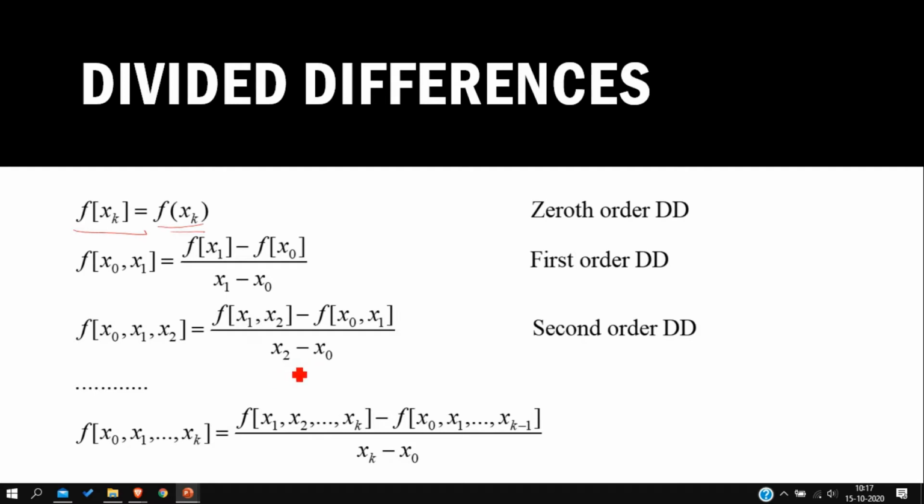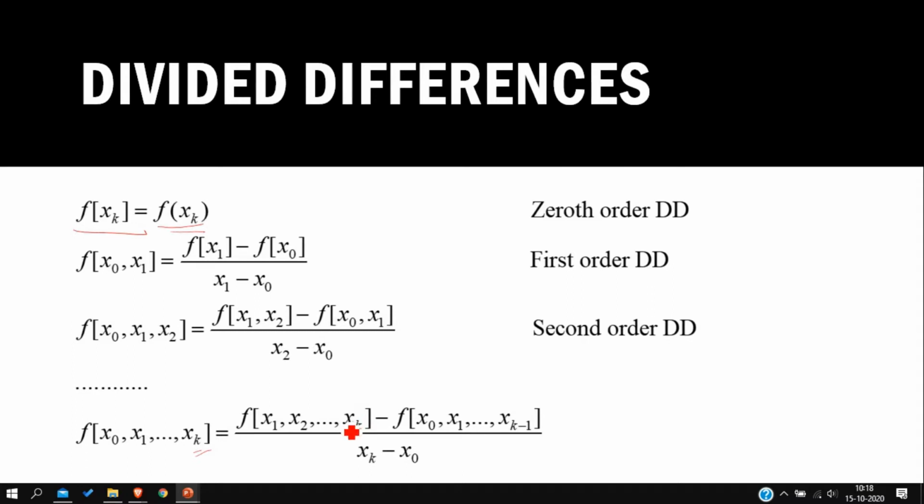Likewise, it goes up to the nth order or kth order divided difference. So x0, x1, etc. up to xn. In that case, the n minus 1th order divided differences are calculated.